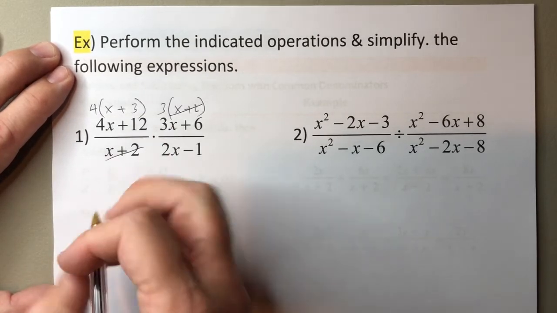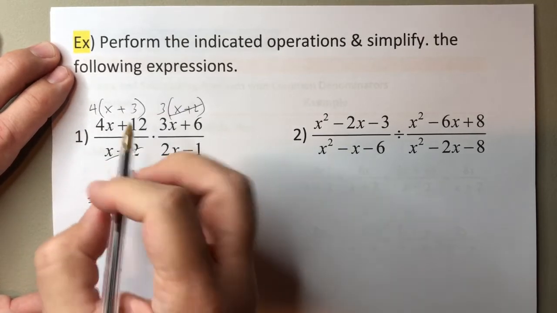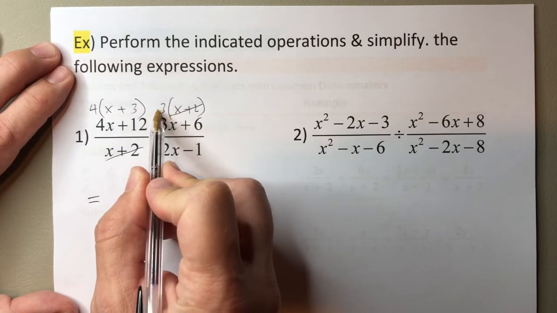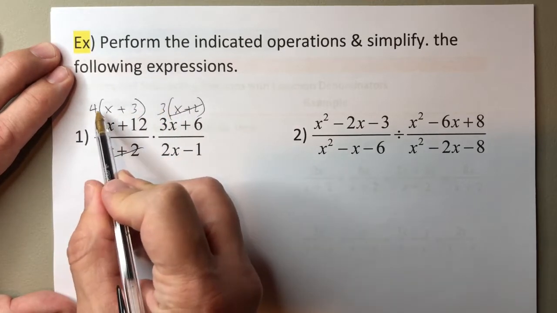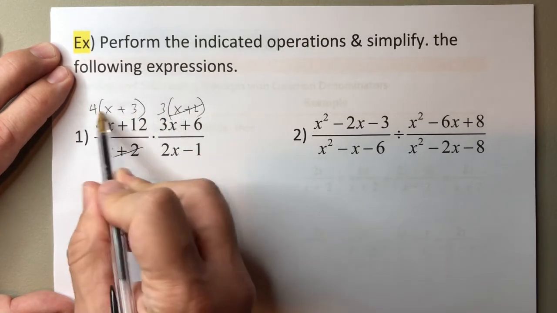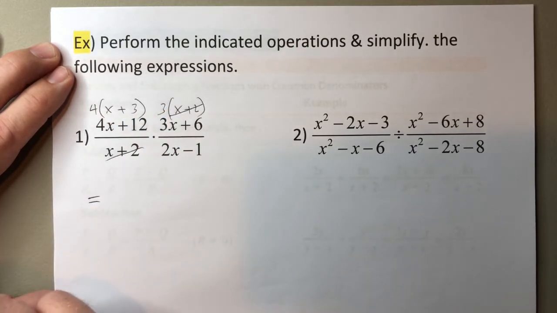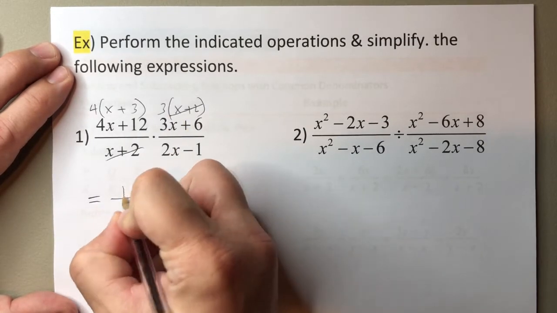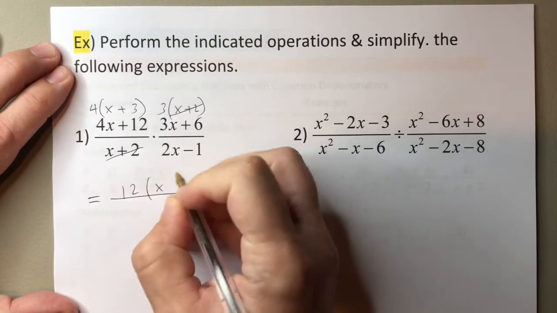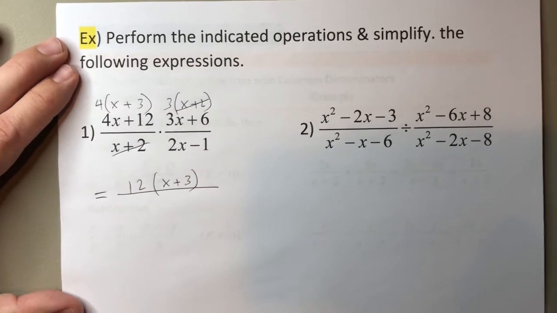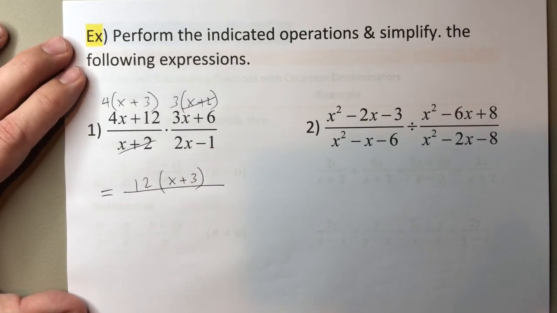If you left it like it is, you would multiply everything in the numerator: 4 times the quantity x plus 3 times 3. What is the product of those three expressions? Well, 4 times 3 is 12, and then you just put the quantity x plus 3 next to it. So that's what you get in the numerator.